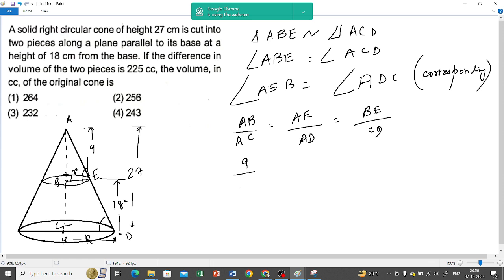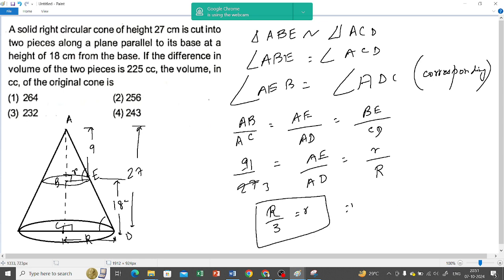What is AC? 27, right? What is AE? I don't know and I don't need. What is AD? I don't know and I don't need. What is BE? Small r. What is CD? Capital R, right? So capital R by 3 is equal to small r. This is one relationship that I got. Or capital R is equal to 3r, right?